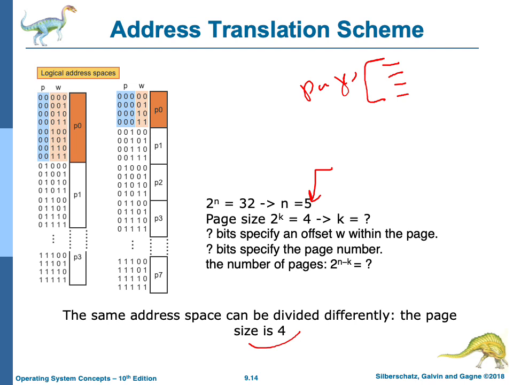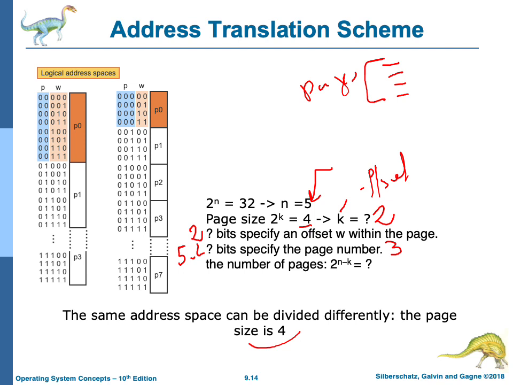All I have to redefine is the offset. Since the page size is 4, k in this scenario will be equal to 2, so I will need 2 bits for the offset. Therefore, for the page number, I will need 5 minus 2, which is 3 bits.